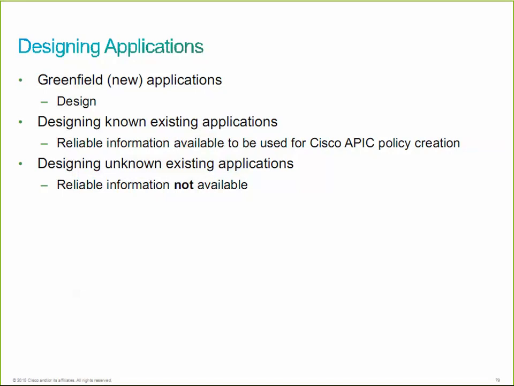Designing for unknown existing applications is really the biggest challenge. Maybe we don't have all of the required data, or the data is unreliable, which kind of makes mapping, well, I guess it kind of makes it impossible, because we simply don't have the appropriate information that we need in order to facilitate the mapping.